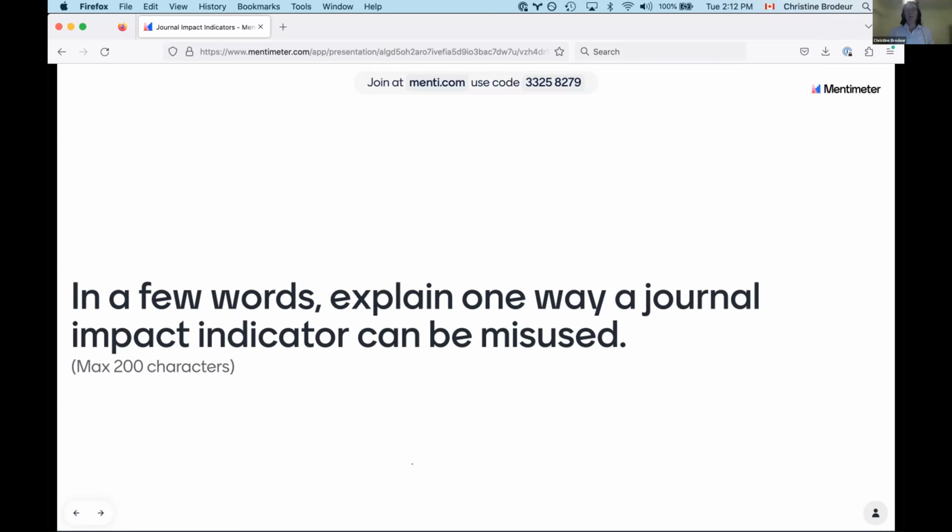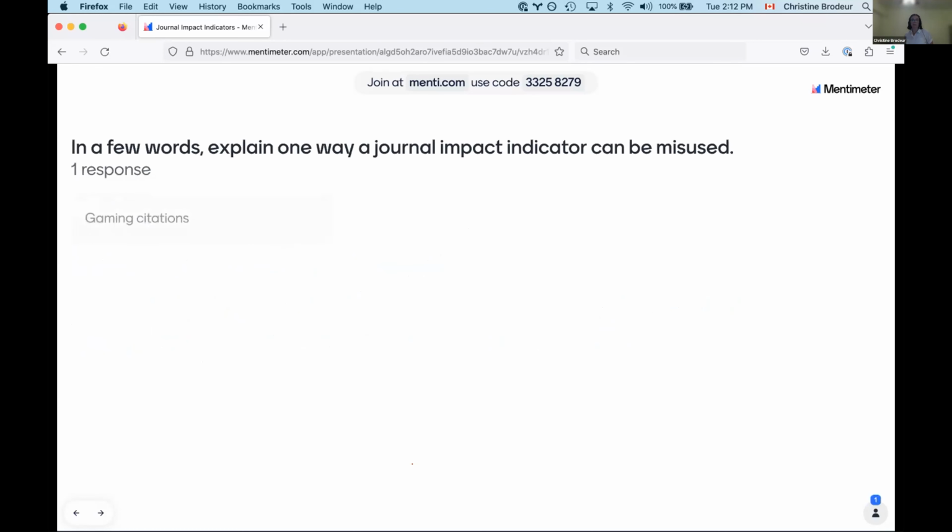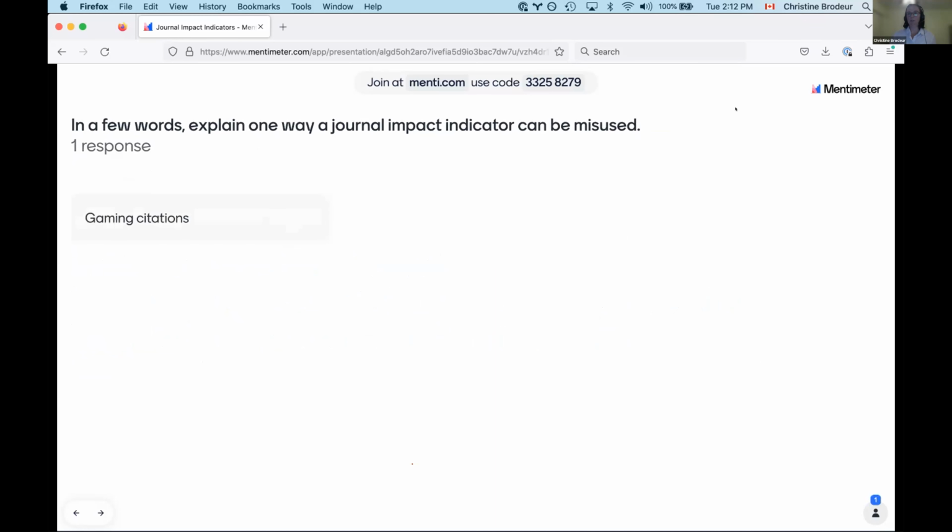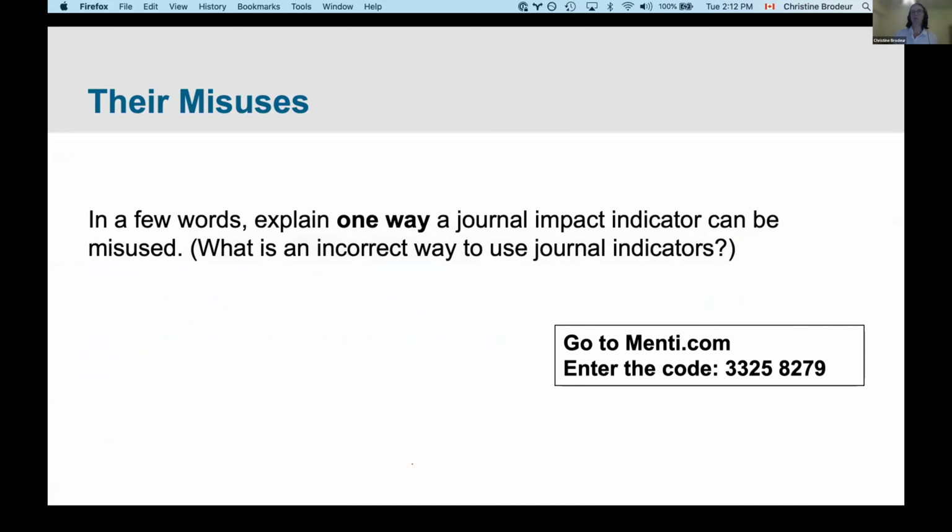So what shouldn't they be used for? Or what are the limitations of journal impact indicators? And again, I will move it out of the way so you don't get too much of an idea. And you can submit more than one. As people seem to be typing just a few words, you can submit more than once if you want.